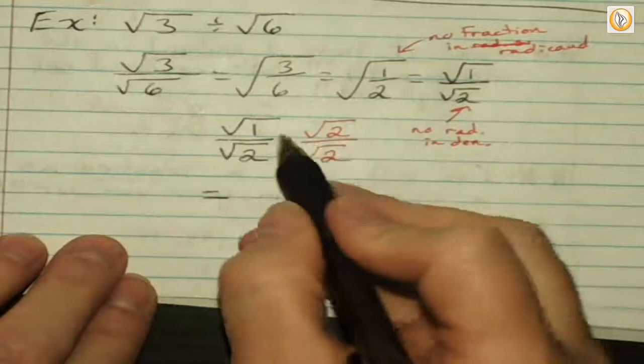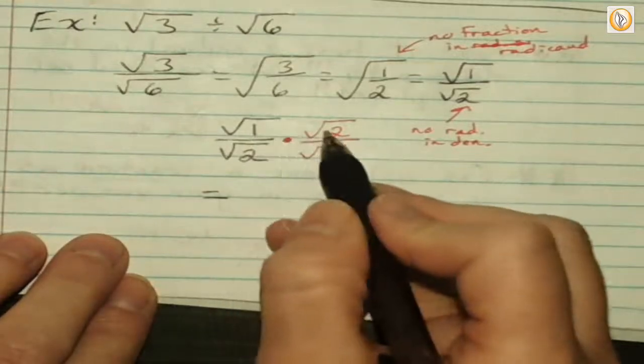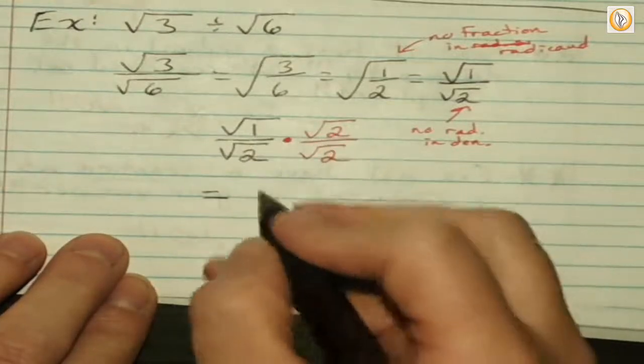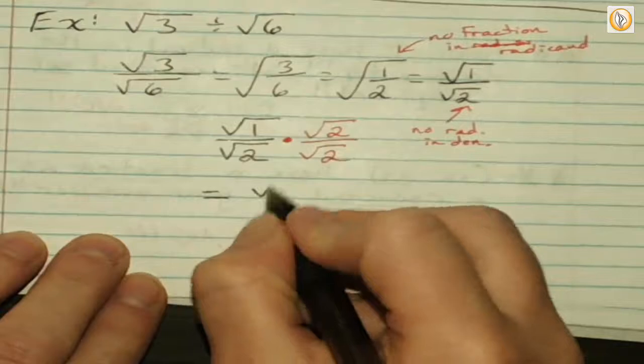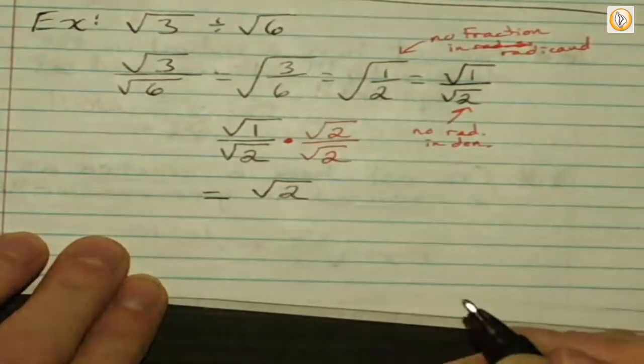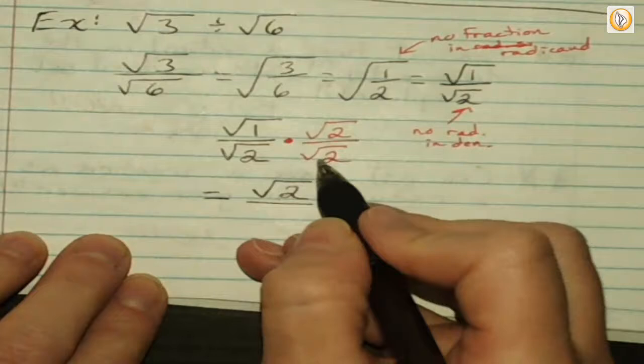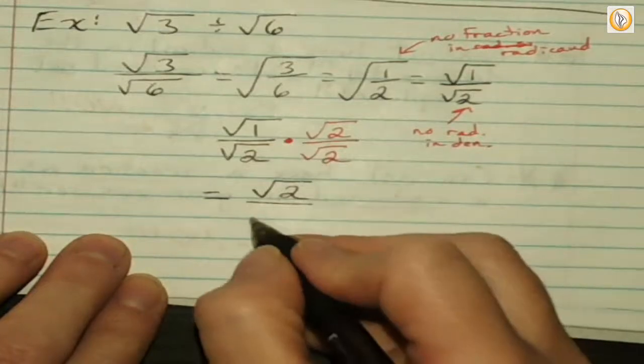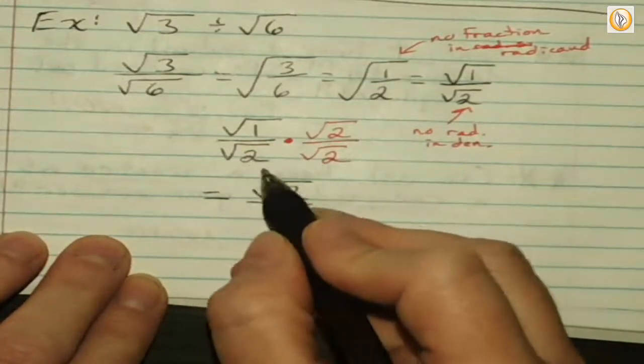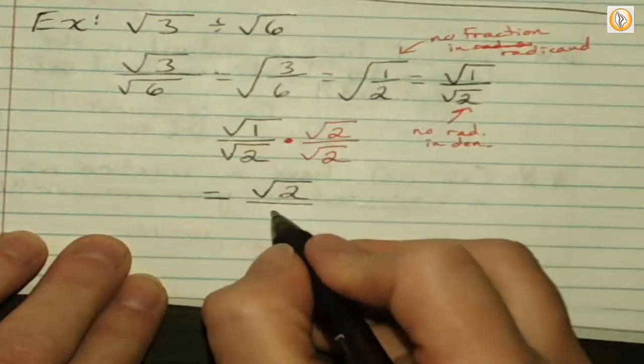So, Valeria, what is the square root of 1 times square root of 2? What do you get? Square root of 2. Don't forget your radical sign. And Valeria, the square root of 2 times square root of 2 gives me? Okay, just 2.